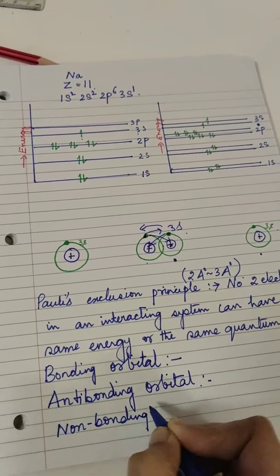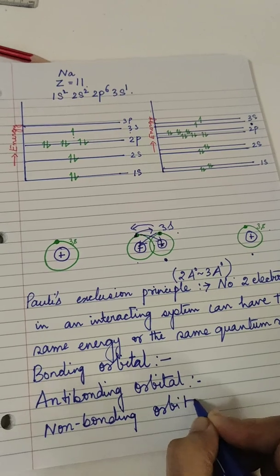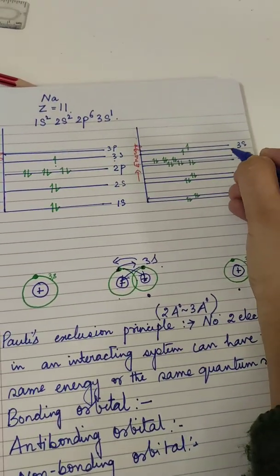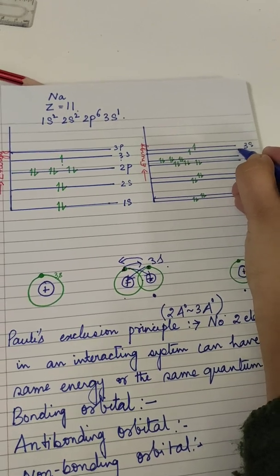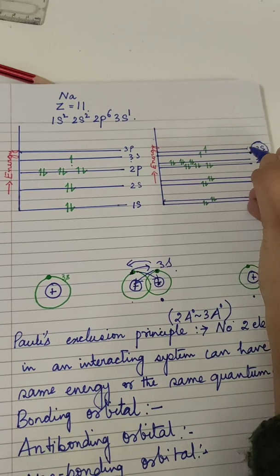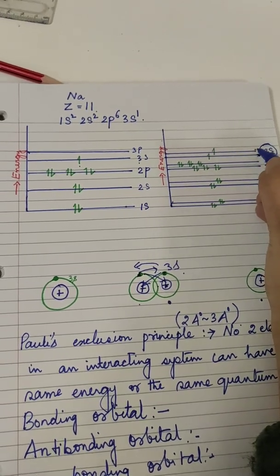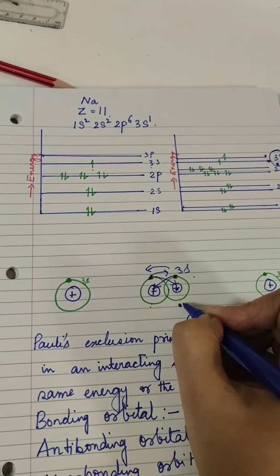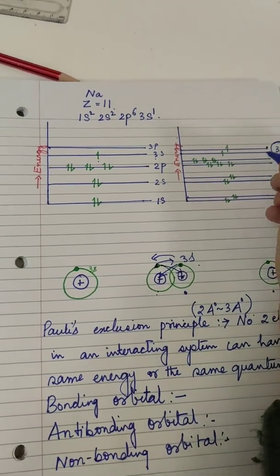What is a bonding orbital? Take this energy level, I'm talking about 3s. This is the 3s molecular orbital, consisting of two energy levels now, since two atoms are closer together, almost forming a molecule. So two energy levels, split into two.